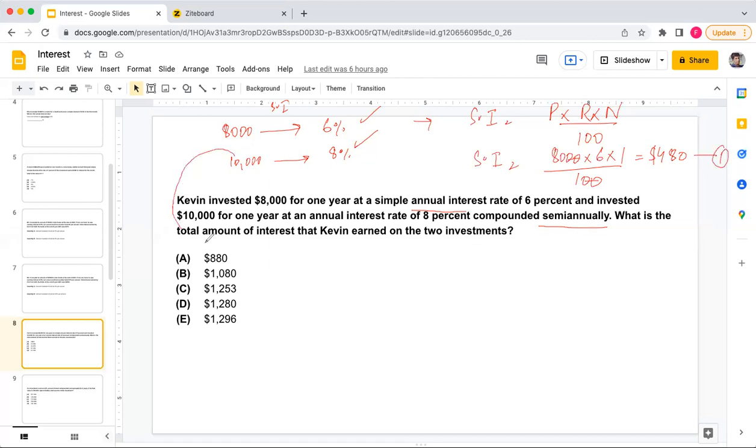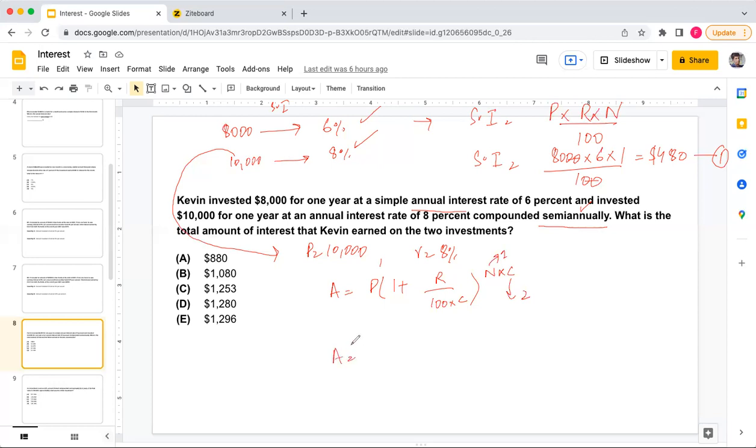Now see the other case. The investment is 10,000 and the rate is 8% compounded semi-annually. Using the formula, total amount is equal to P into (1 plus R over 100 into C) whole power N into C. Here N is equal to 1 and it is compounded semi-annually, so C is equal to 2, R is equal to 8 and P is equal to 10,000.